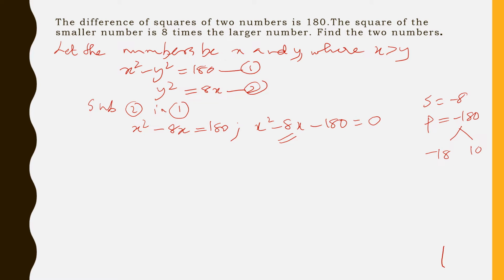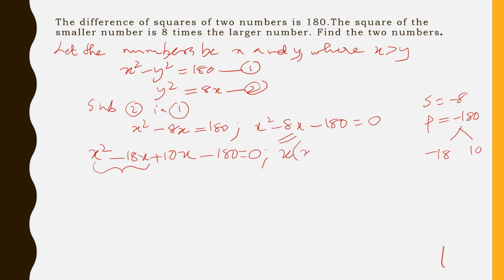So the equation will become x square minus 8x. So we can write minus 18x and 10x. Then only we'll get minus 8x minus 180 equal to 0. So from the first two terms, x is a common factor.